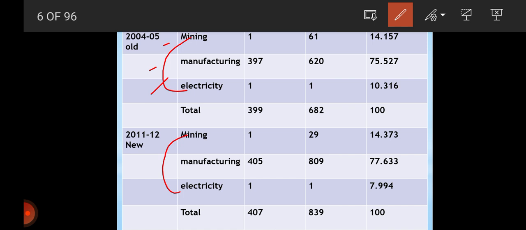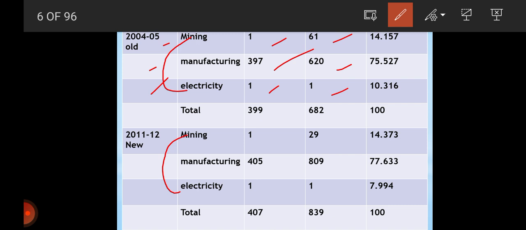Now, as per 2004-05, the old base year, in mining there was a total of one item group and 61 items. In manufacturing, there were a total of 397 item groups and 620 items. In electricity, there is one item group and one item.